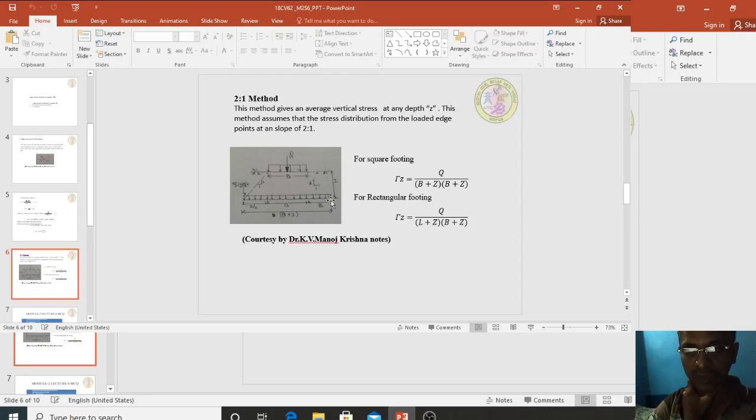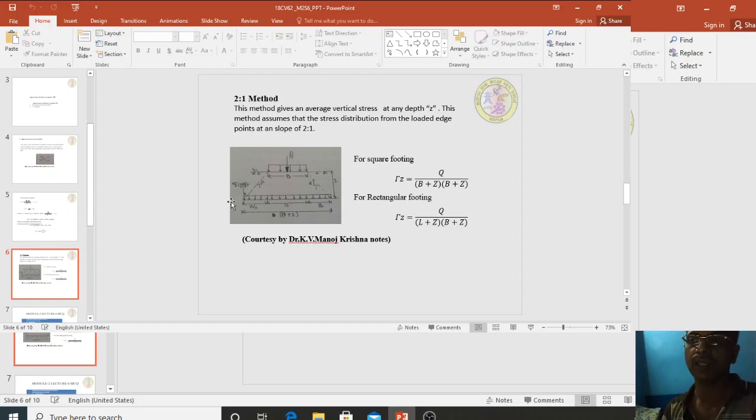So from the edge of the footing, the inclined line ends at a distance of z by 2 on the left side and also on the right side. Not only left and right, this side also has a 2 to 1 ratio, this side also, and this side also. That means stress distribution takes place in a trapezoidal way.